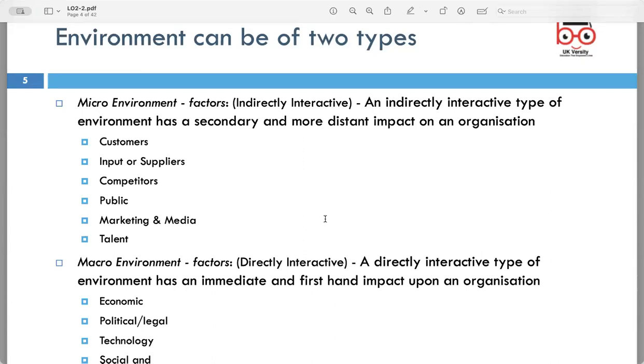This type of environment is referred to as in the realm of economics, politics and legal affairs, technology, social and environmental issues.